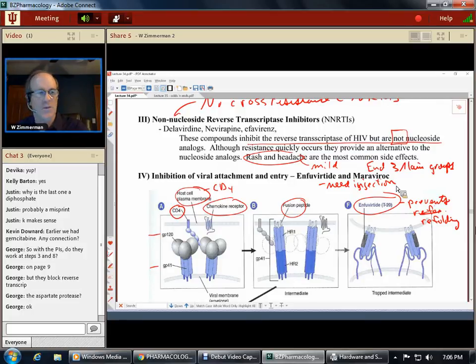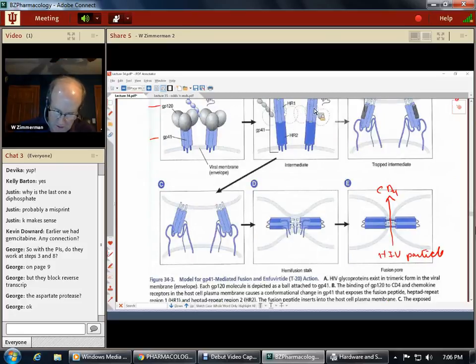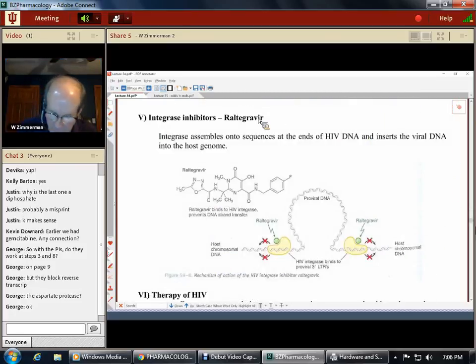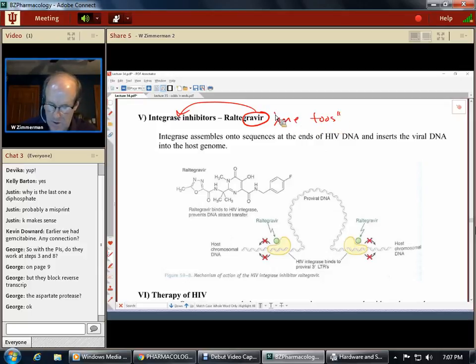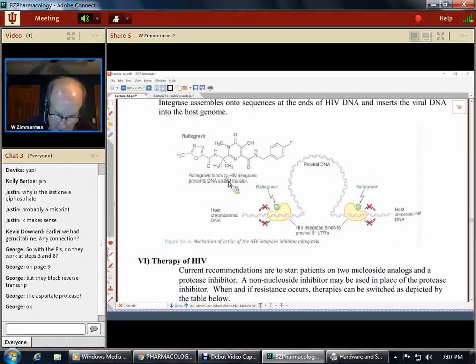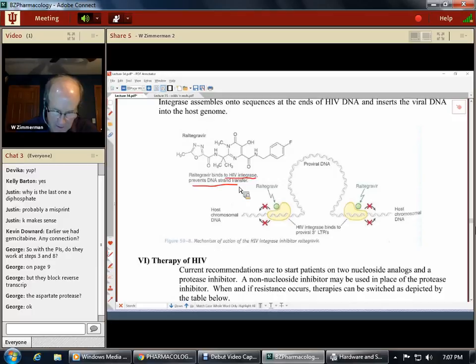And the last group are these integrase inhibitors. Raltegravir, that "gravir" means it's an integrase inhibitor. And there's me-too drugs out there now that'll come along, and maybe the dosing's a little bit easier. But all these drugs do, they bind to the HIV integrase and prevent that strand transfer.